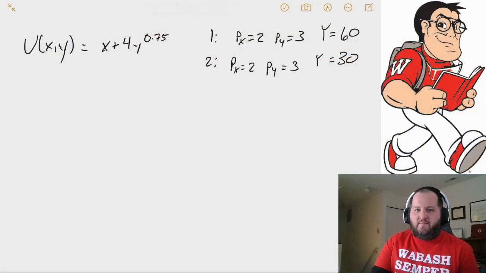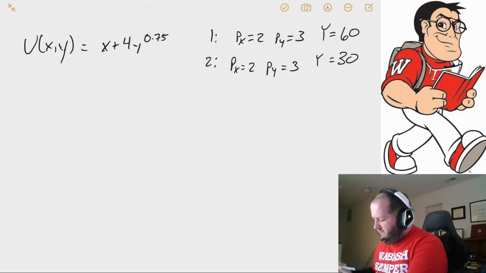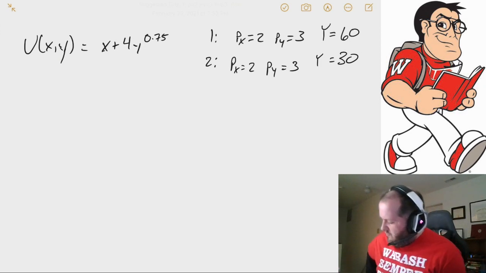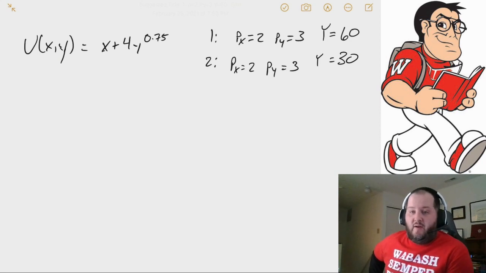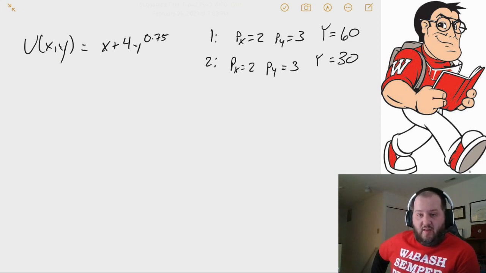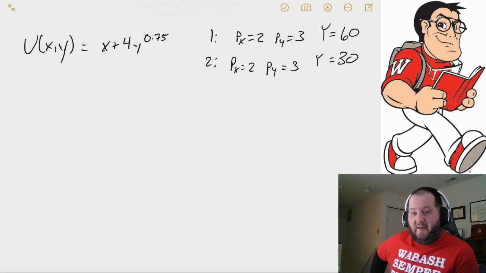All right. So we have a utility function of x plus 4y to the 0.75 power. Before I was even done reading that, you should have immediately thought that this is quasi-linear utility.